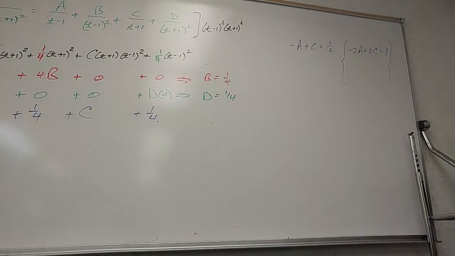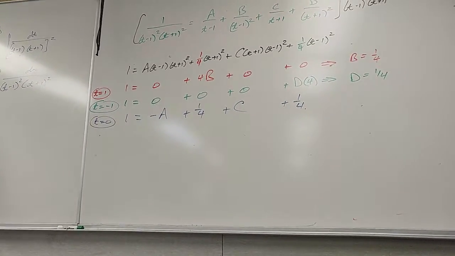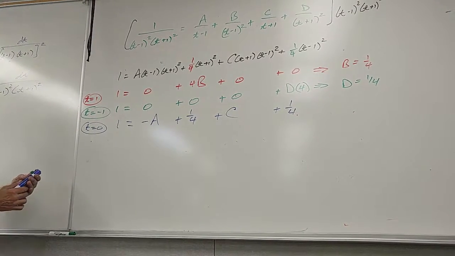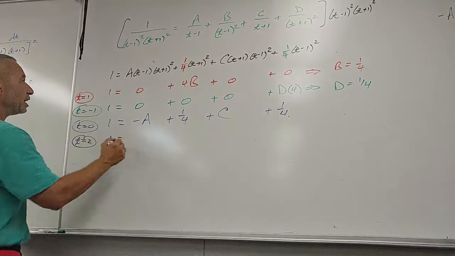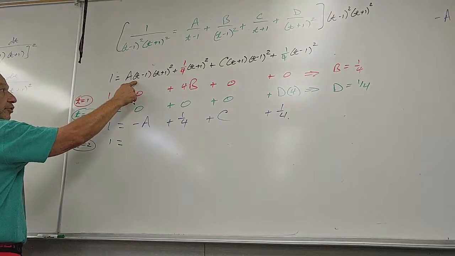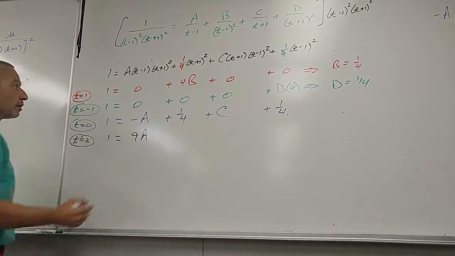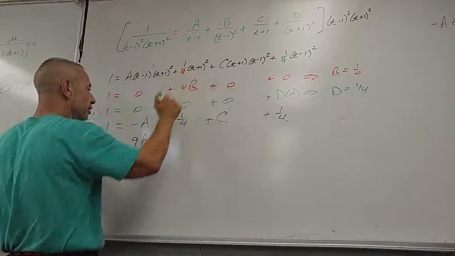Well, I've used 1, I've used minus 1, I've used 0. Yeah, it's the next nicest, huh? 2. And I haven't used it here, so t is 2. So 1 equals, well, let's see here, 2, so that's 9a. 2, so 9/4.